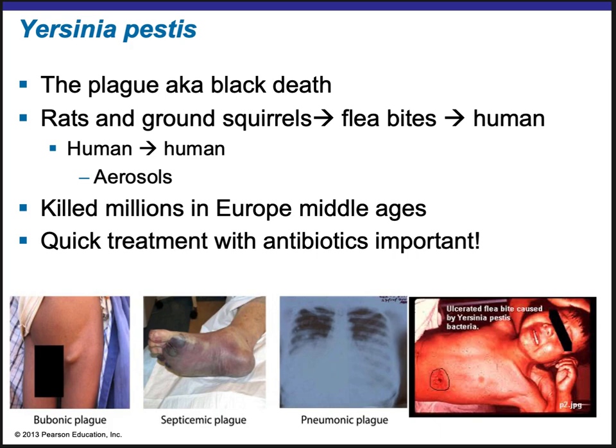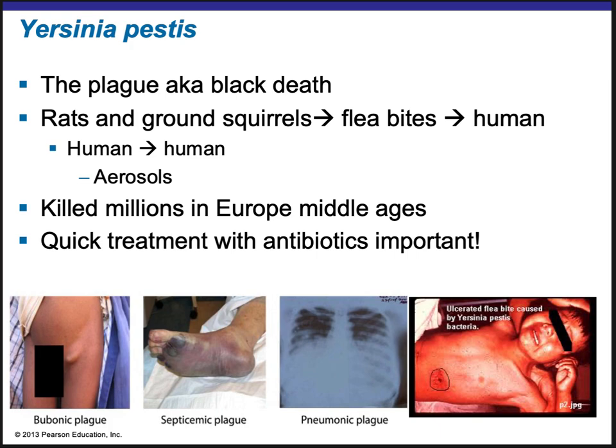our exposure at least. Humans can also, as I mentioned, directly spread it from person to person, like if it's the pneumonic plague, right? If it's in the lungs, it will aerosolize and you can spread it from person to person. Also, if you were to just come into direct contact with an infected rodent, and you contact any of their infected fluids, you can get infected that way.